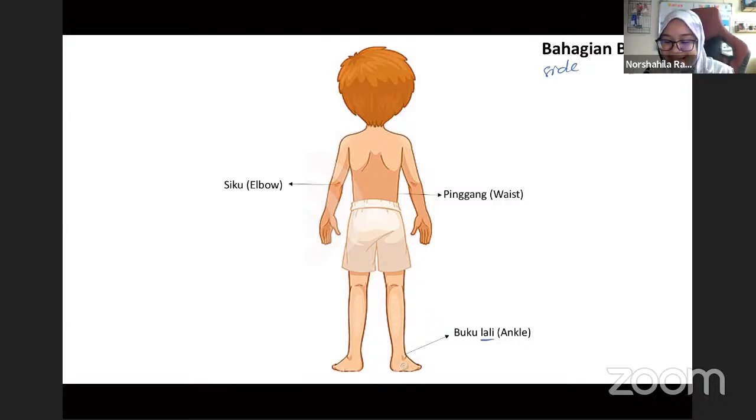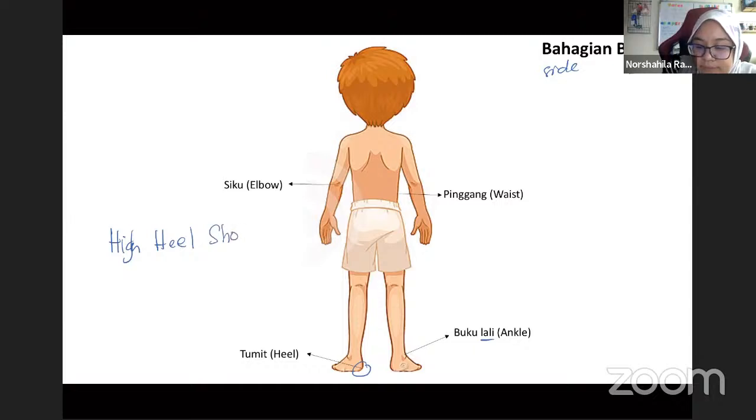Okay. Then what do we have here? Okay, this one, the heel. Heel in Bahasa Melayu we call as tumit. Okay, tumit. So if you find the word high heel, can you figure out what is the meaning? I put another word here.